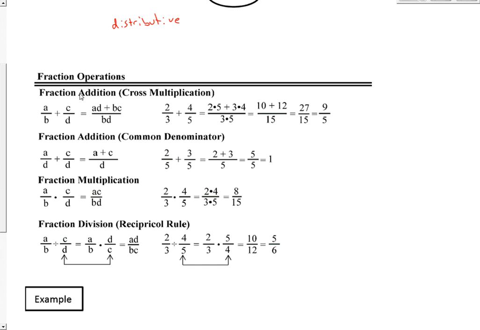All right, let's look at some properties of fractions. With addition, you would need to have a common denominator.